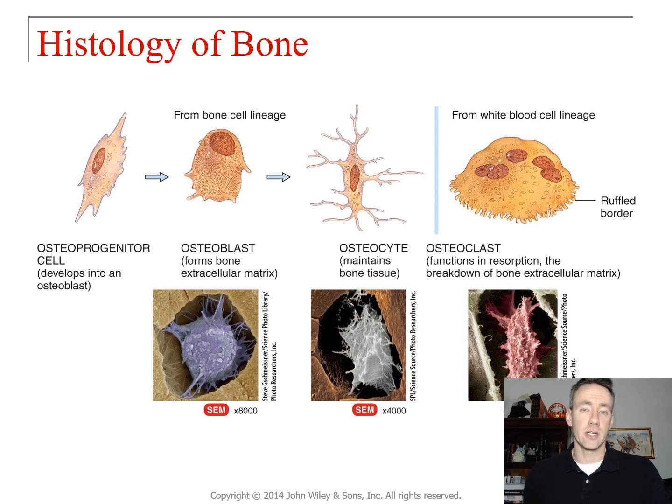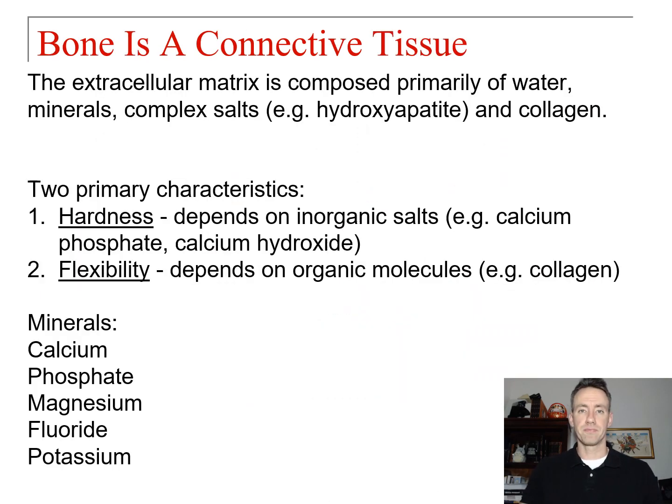These are very large cells, and you can see this sort of ruffled border on the bottom there where it essentially chews up the bone, in a process we call resorption, where it dissolves some of that bony matrix and can release some of the salts into the plasma, things like calcium and phosphates. So it can help us regulate those levels.